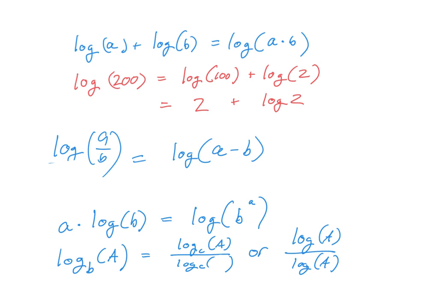Much like you, I get in a hurry sometimes. And it's not capital B, it's the lowercase b. So whatever I'm having, usually it's going to be 10, we're going to say log of a over log of b, the base. That's how I could change out of one base.